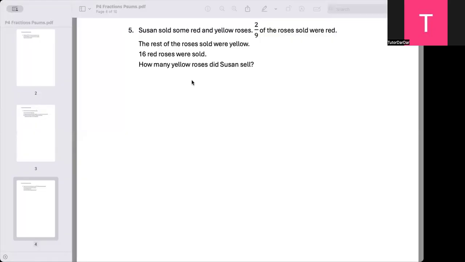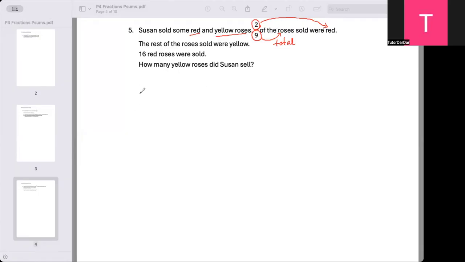Next question. Susan sold some red and yellow roses. 2/9 of the roses sold were red. So this 9 is the total roses. That means this 9 unit is the total roses. And this 2 is these red roses.